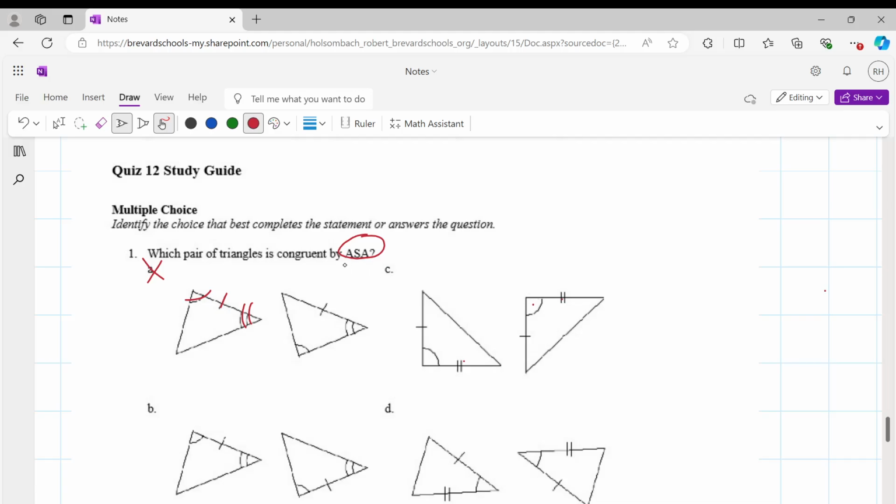That's not angle, side, angle either. In answer choice B, we've got an angle, a side, and an angle, congruent to an angle, a side, and an angle. So there you go, two angles, and the congruent side is between the two angles, so answer choice B.